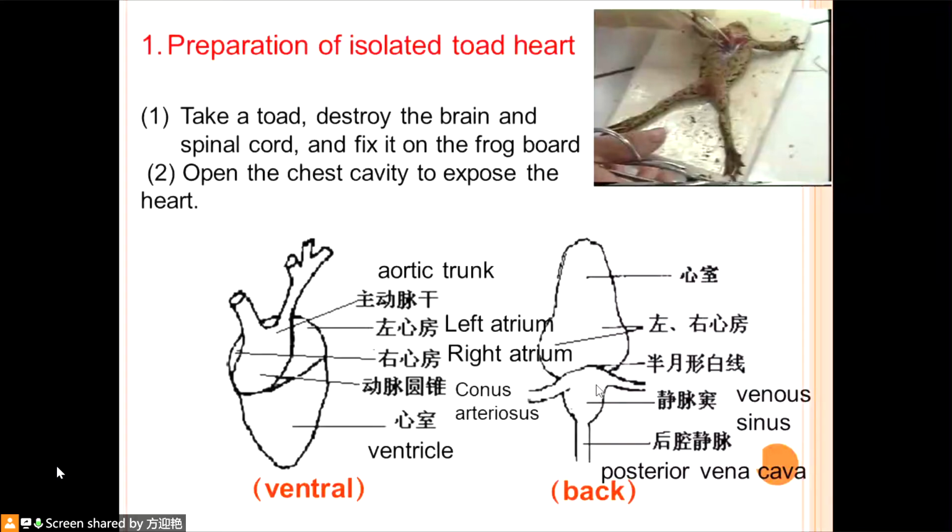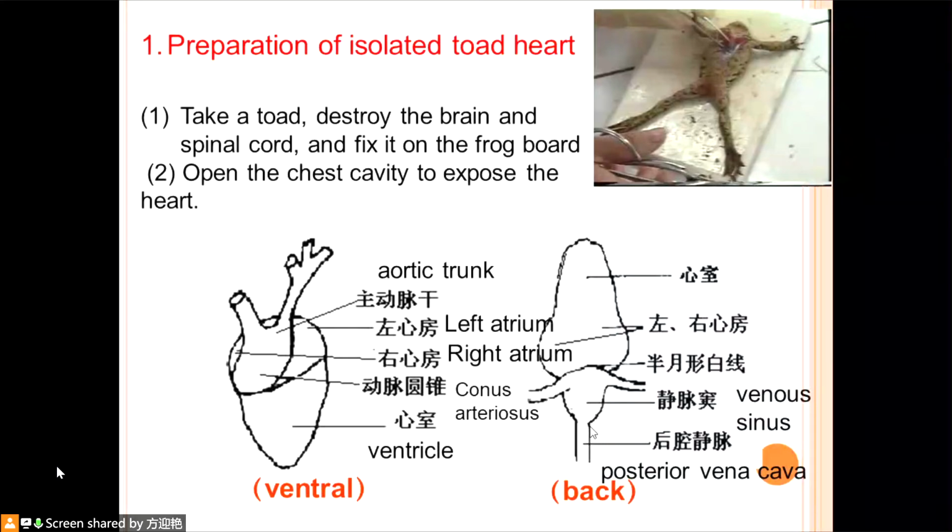If we destroy the venous sinus, then the heart cannot contract or be excited by itself. So when we isolate the heart, we should not damage the venous sinus, and then we tie another thread on the posterior vena cava and cut here.